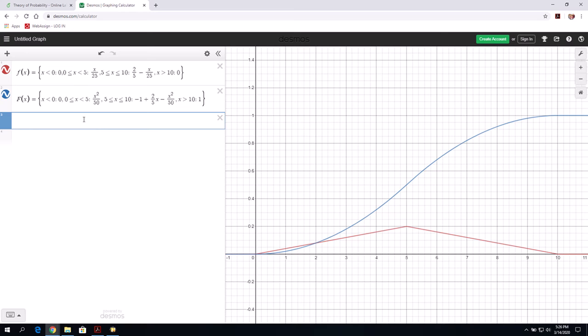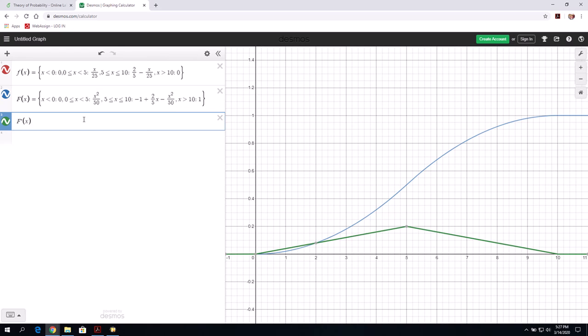Let me see. Can I just go f prime of x? That's nice. It knows. I've already defined capital F of x, and it's that blue curve. Actually, I knew it was going to do that. I don't want you to think that I'm discovering things as I'm going here.